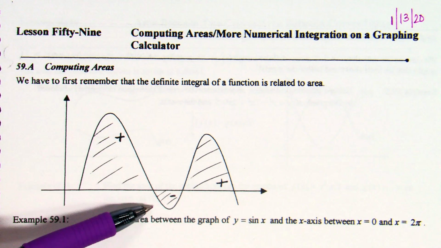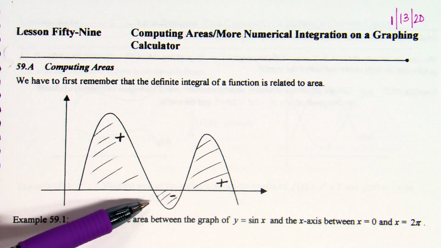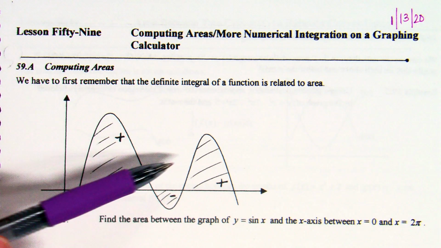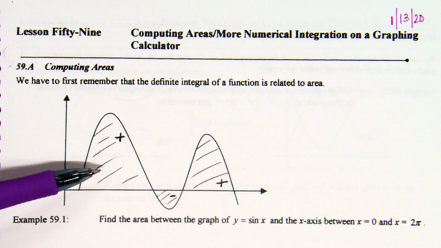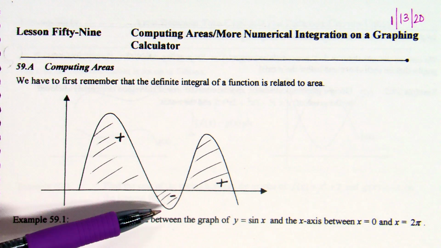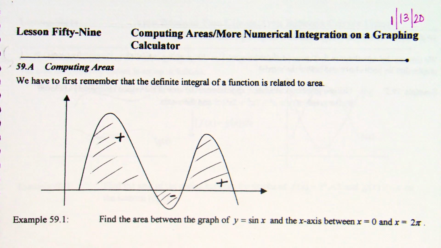If I just add it, I end up adding a negative, which means I'm subtracting. So our general rule of thumb is we're going to add anything that is above the x-axis, and anything that's below the x-axis, you end up having to subtract, because then you're subtracting a negative, which in turn becomes a positive. And so we're just looking at how to set that up.